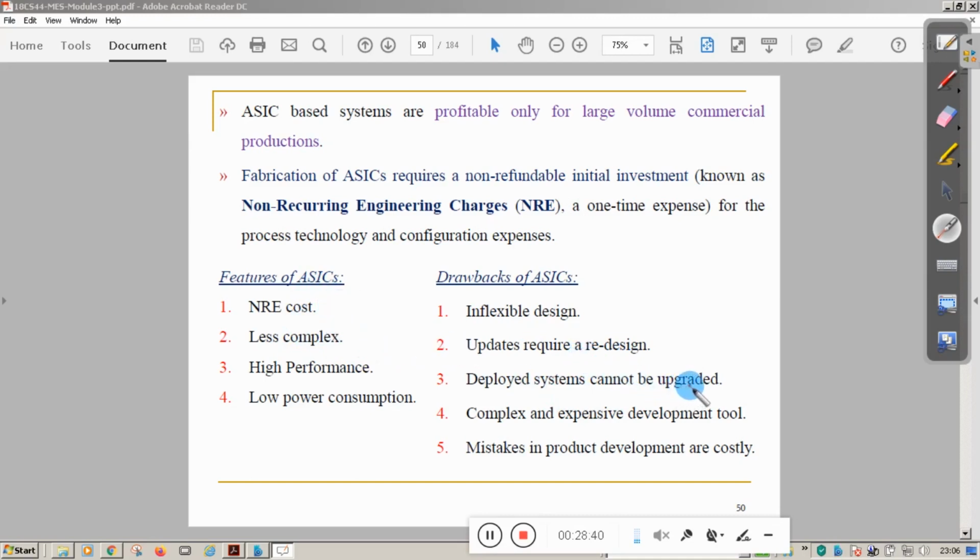You need to go for an entire redesign. The development tools are complex and expensive, since it is meant for particular applications, so particular tools are required. Mistakes in product development are costly.